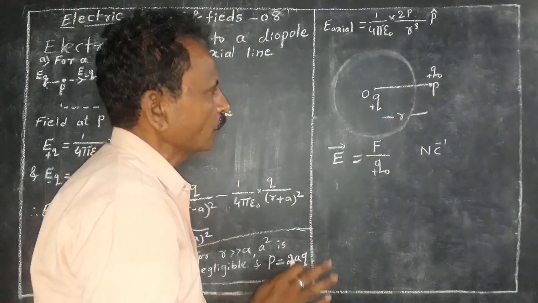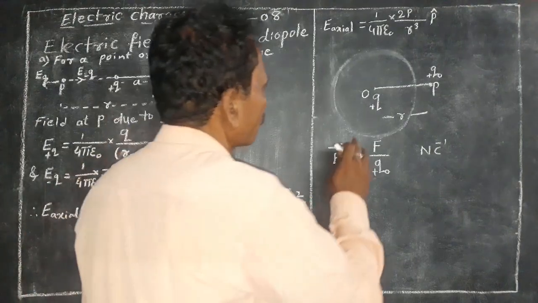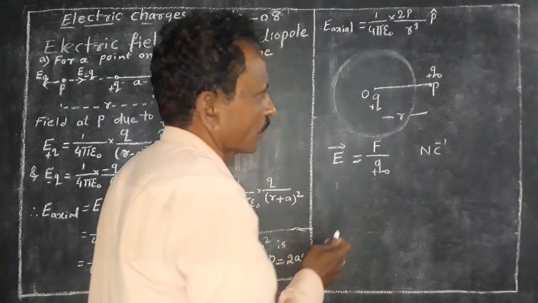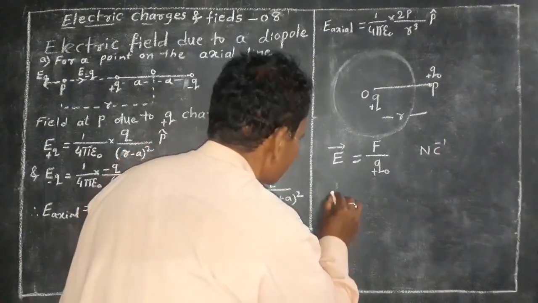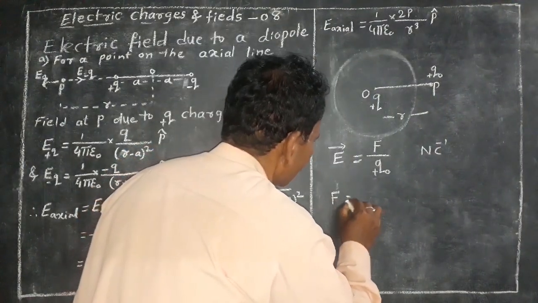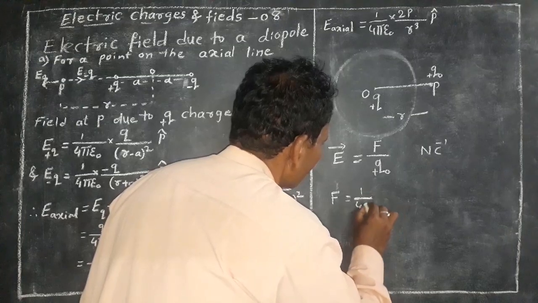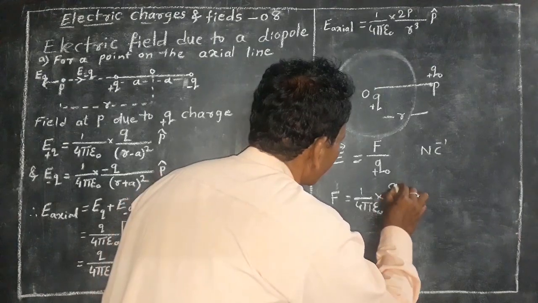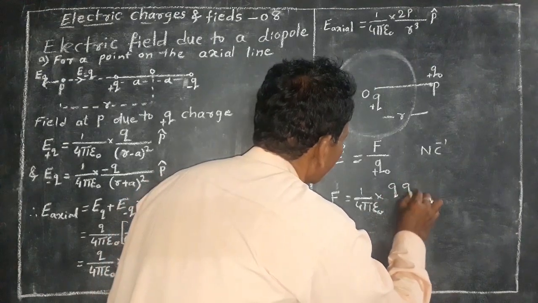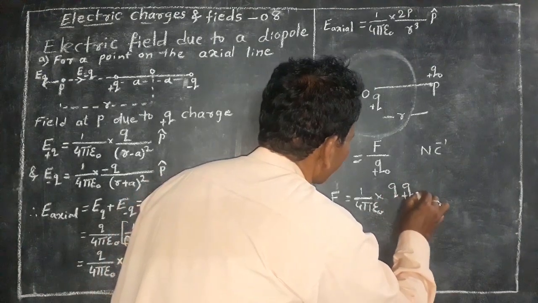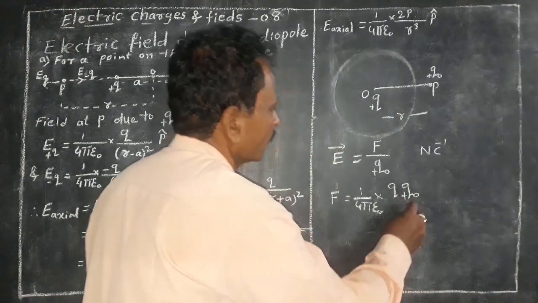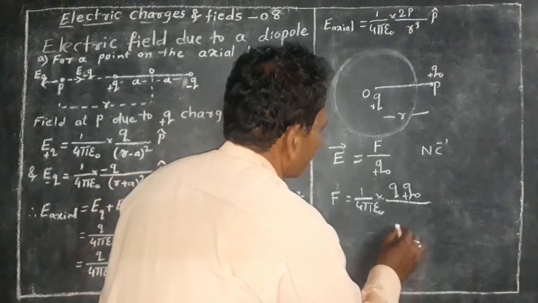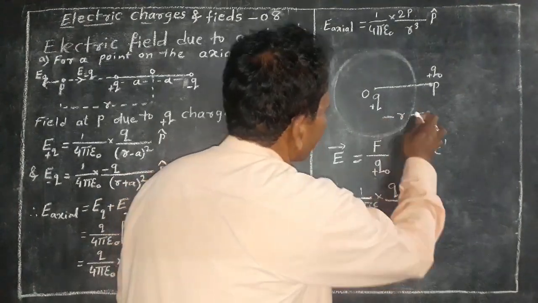Now, according to Coulomb's law, the force between the source charge and the test charge is given by F equals 1 upon 4 pi epsilon naught into Q into plus q naught, where plus q naught is the unit test charge, divided by r square.